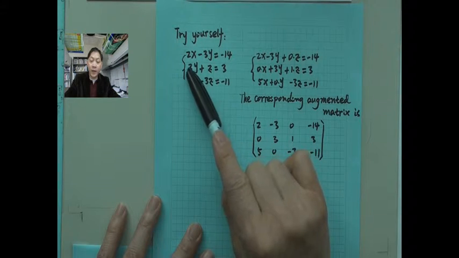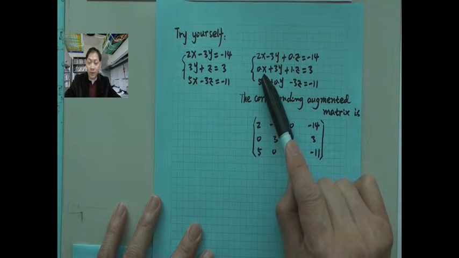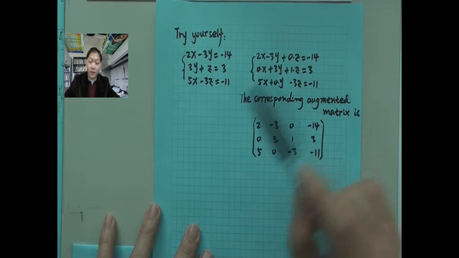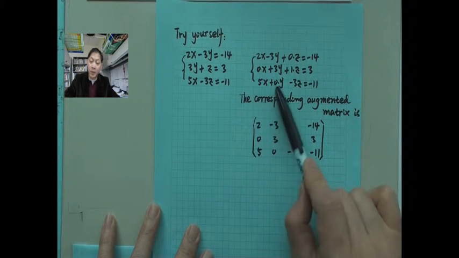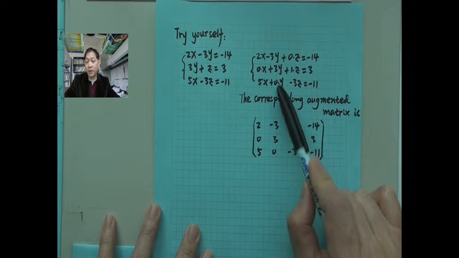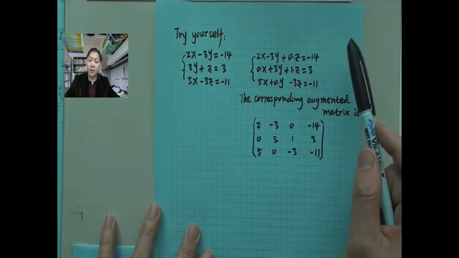Now here there is no x, because 0 times x is 0. And here there is no y, because 0 times y is 0, so we didn't write the y variable.